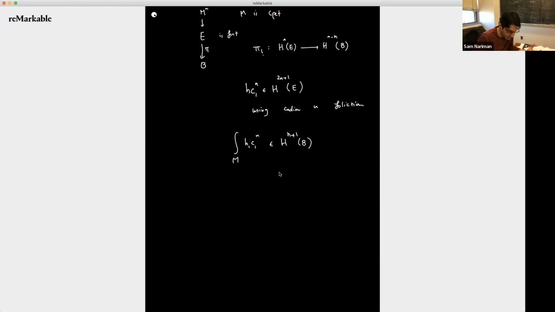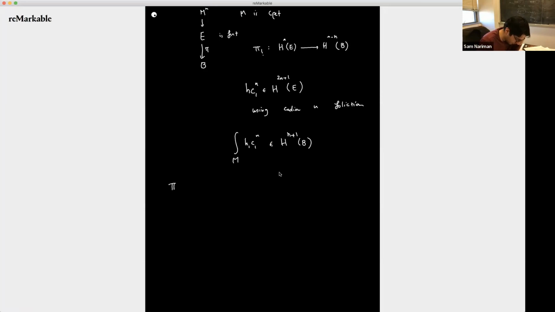And this is already a non-trivial question for higher dimensional manifolds. One thing that I proved many years ago was for surfaces.